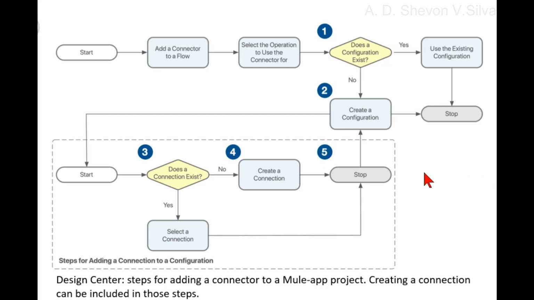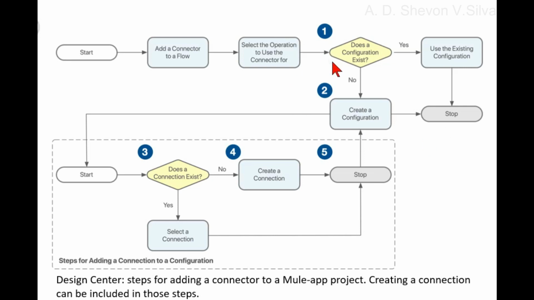You might create a connection as part of adding a connector to a flow. Here you can see this flowchart shows information steps to adding a connector to a Mule-App project. Creating a connection can be included in those steps.